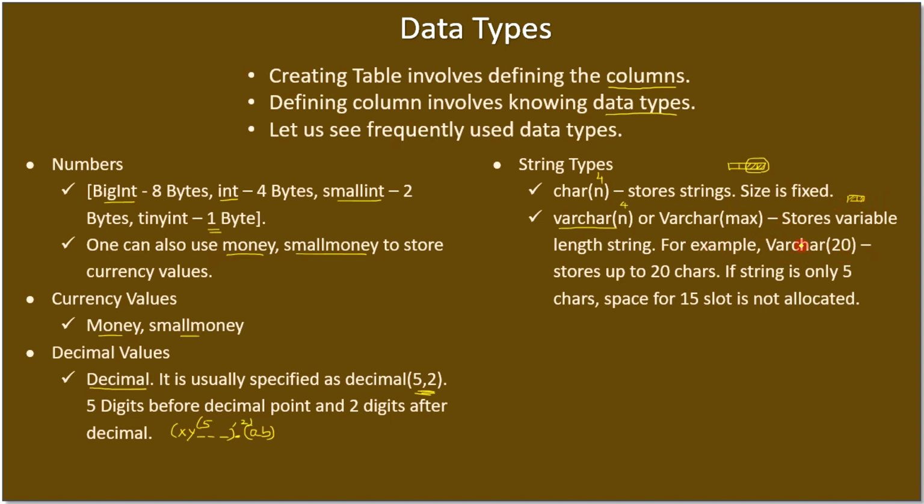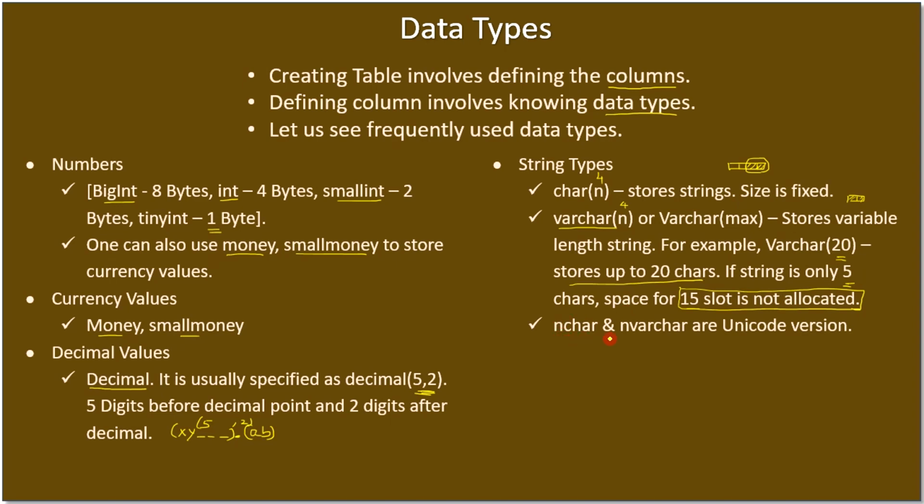For example, varchar(20) stores up to 20 characters. If the string is only 5 characters, space for 15 is not allocated. This is just a claim. You say varchar(20) and use only 5, so the 15 will be released. But if you specify char(20), all 20 slots will be reserved, even if you store 5.